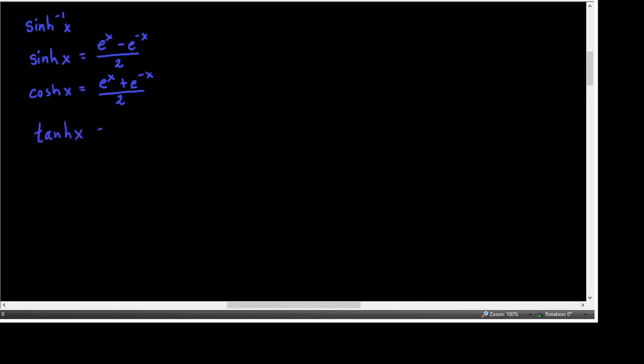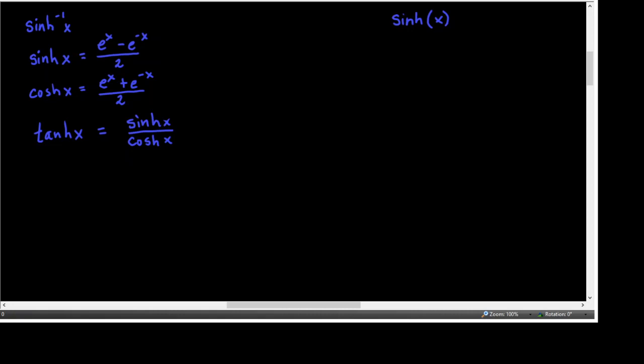For example, hyperbolic tangent of x is hyperbolic sine of x divided by hyperbolic cosine of x. By the way, you can't really see as well as I would hope, so just so that you know, when you write hyperbolic sine, that's the name of the function, and it's followed by an argument, x, so that instead of sine of x, it's hyperbolic sine of x.